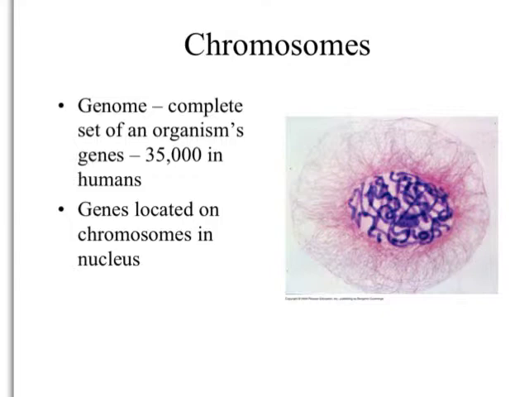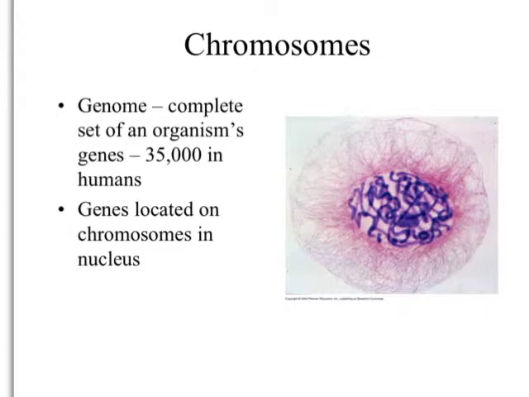So let's take a little deeper look at the DNA of the cell. That's where all the genetic information, all of the blueprints of the cell and how it works and what it looks like, is going to be stored. A genome is a complete set of an organism's genes, and in humans we've got 35,000 genes.